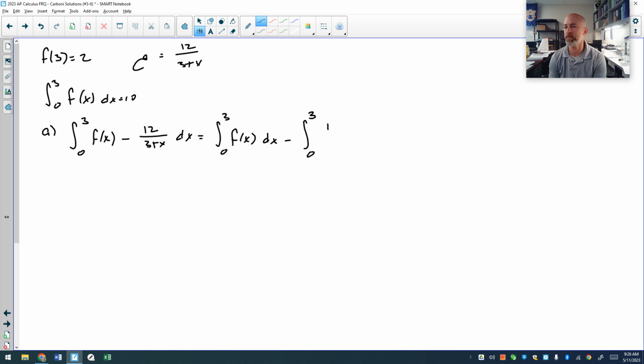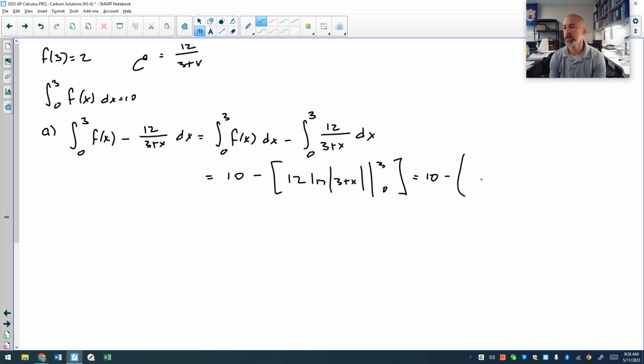So I'm separating it out because my method of solving those antiderivatives is going to be ever so slightly different. The integral from 0 to 3 of f is explicitly given as 10 minus, and for this antiderivative, if you pull that 12 out, it ends up being the natural log of 3 plus x from 0 to 3, and I am getting the answer of 10 minus 12 times the natural log of 6 minus 12 times the natural log of 3, and I don't care how much that cleans up.